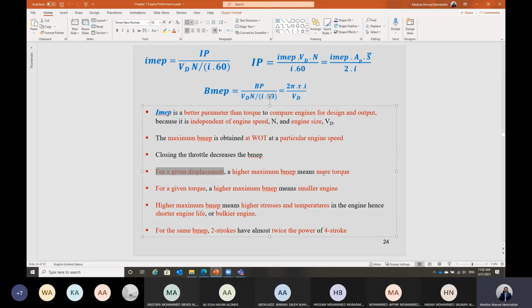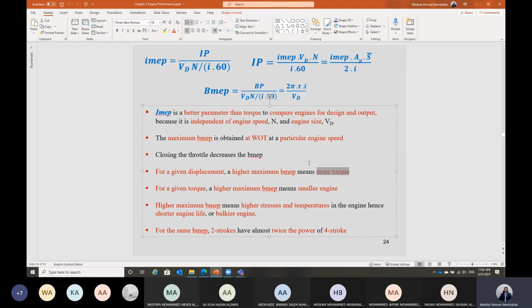So at the same displacement, if you have two engines with the same engine CC, like the Toyota Corolla, which is 1.6, and the Nissan Sentra, also 1.6, the same engine size, same displacement, and they are running at the same speed, then the one with the higher brake mean effective pressure should have the higher torque. Because the brake mean effective pressure is the pressure that can produce the same work. So if the mean effective pressure is high, that means the net work is high, and that means the torque is high.